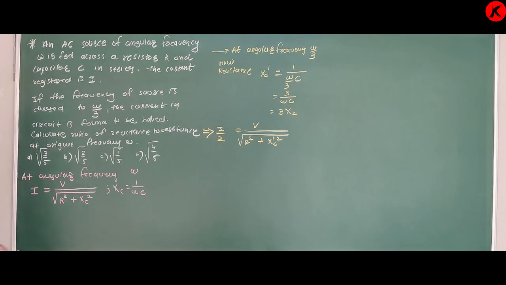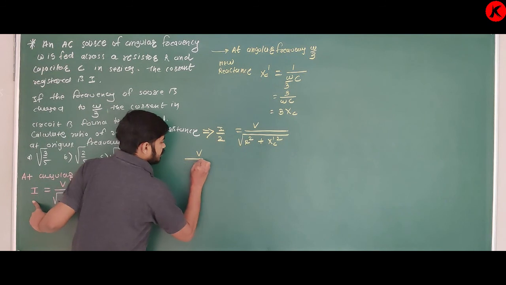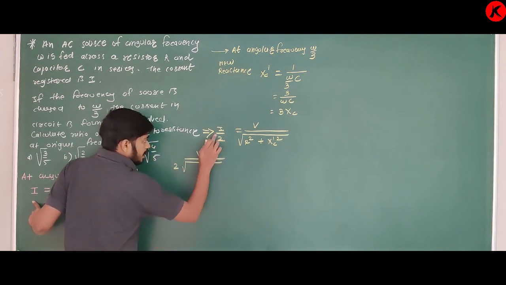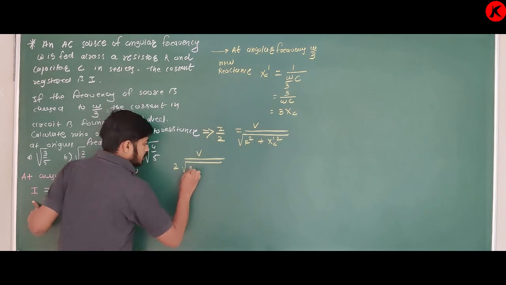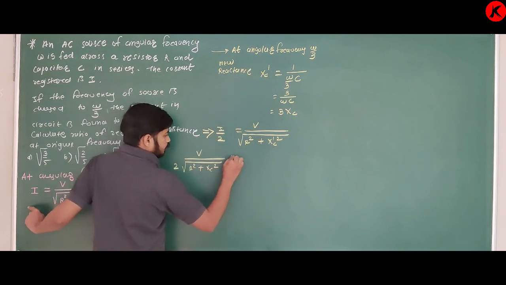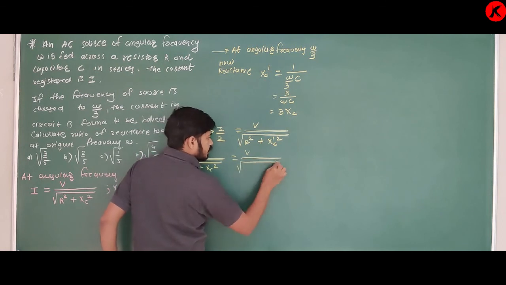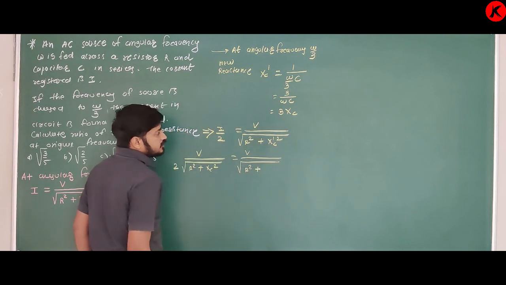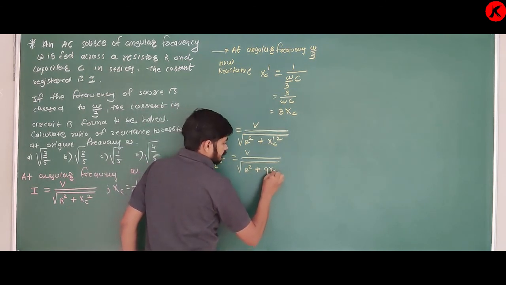So chalo, if I put value of I here, or if I take the ratio, it will be same. If I put value of I, it is V upon under root R square plus XC square, and on the other side V upon under root R square plus XC dash, which is 3XC. Its square is 9XC square.